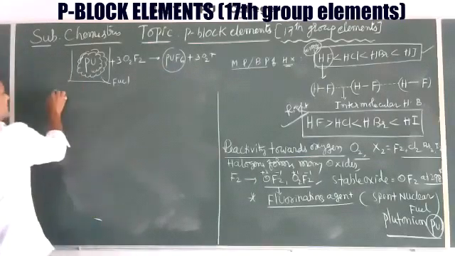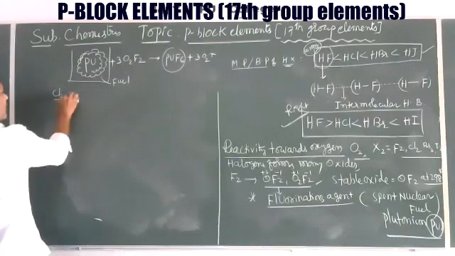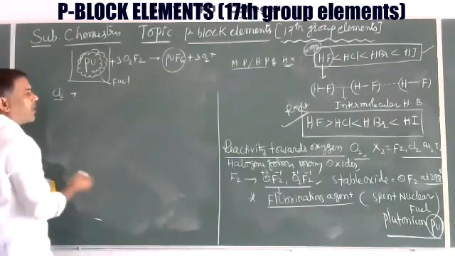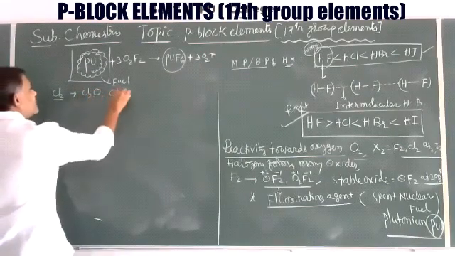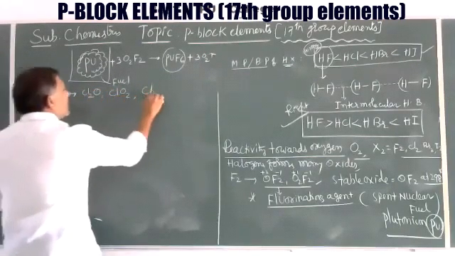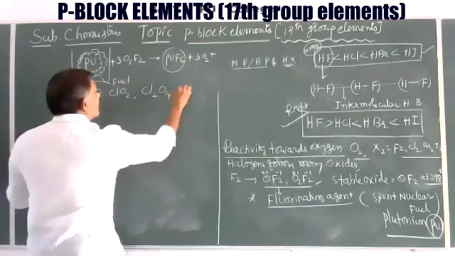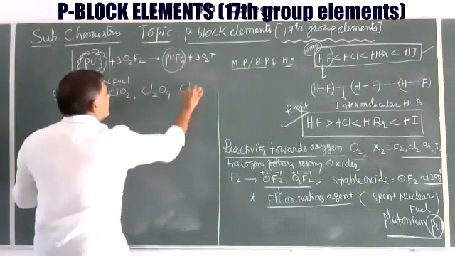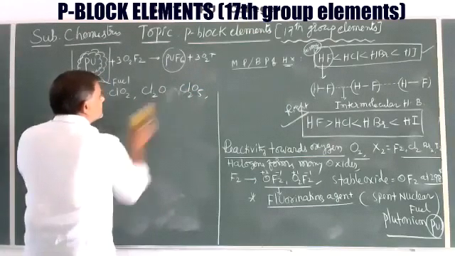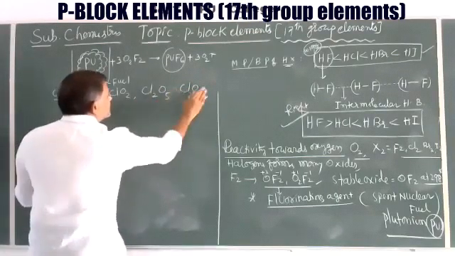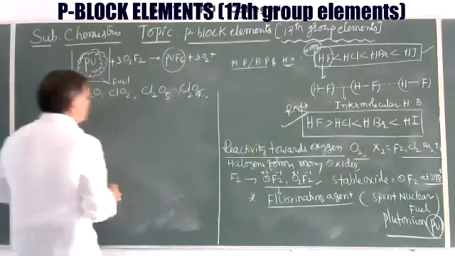The next one is chlorine, Cl2, which forms some oxides like Cl2O, ClO2, Cl2O4, Cl2O5, and Cl2O7.